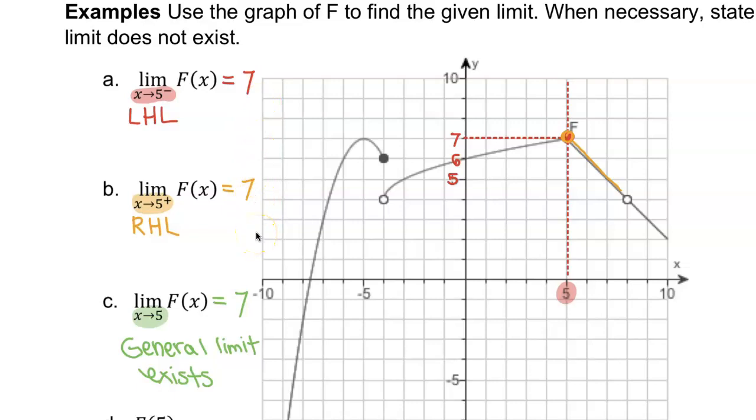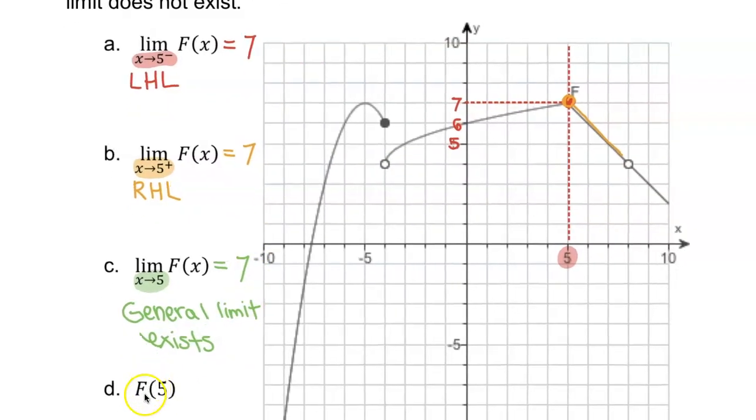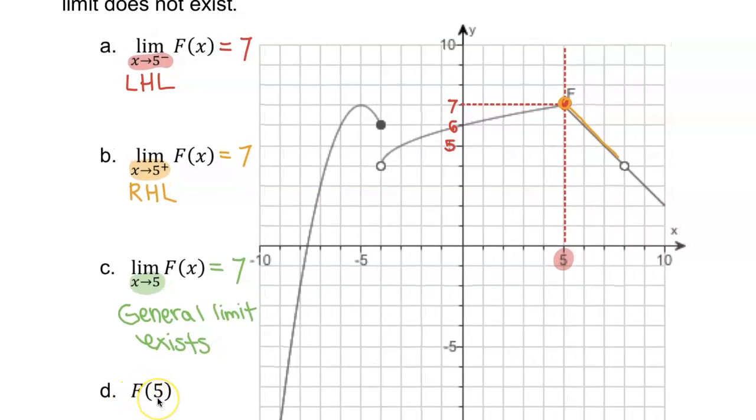Now, let's look at the last one. It's asking for f of 5. So we're looking for a closed circle at x equals 5. We do have a closed circle right here. When the x value is 5, we have this closed circle up at 7, so the function value is also equal to 7.